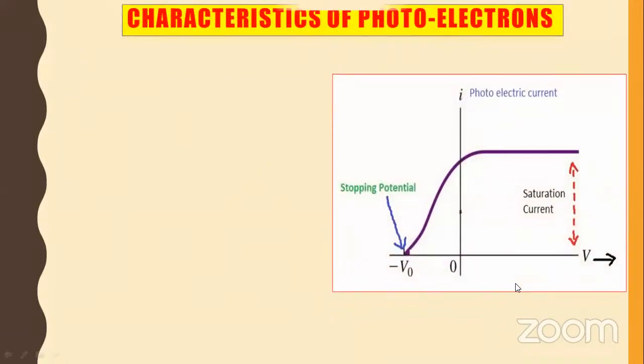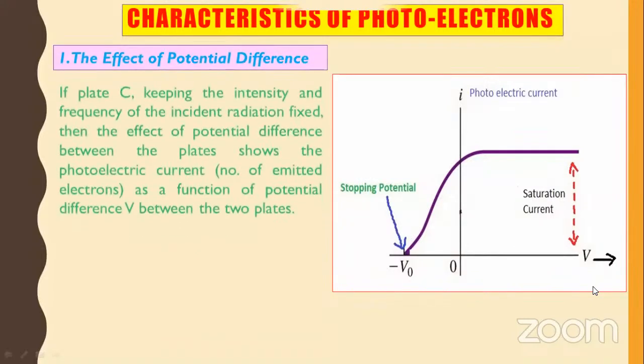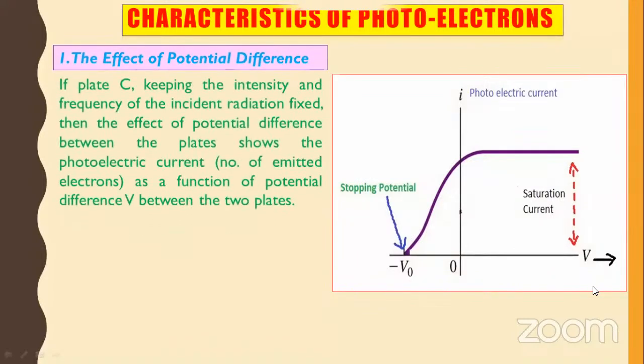Next, what are the characteristics? See here, what is the stopping potential, what is the saturation current here? Here the intensity and frequency are to be fixed. The potential difference between the plates, C and A, shows the photoelectric current, that is, the number of emitted electrons, which is a function of potential difference.